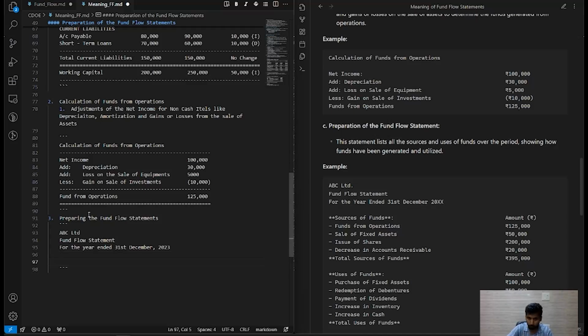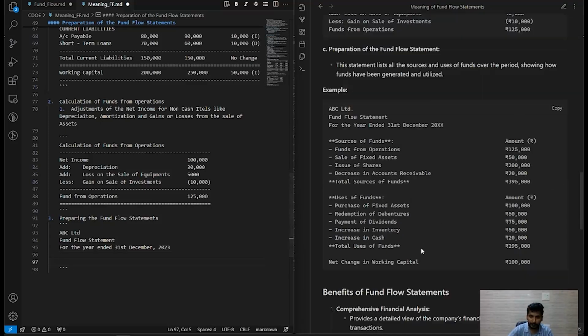First, we will talk about the sources of the funds, then the uses of the funds, and then the net changes in the working capital. Okay. So number one is particulars, and then is the amount.